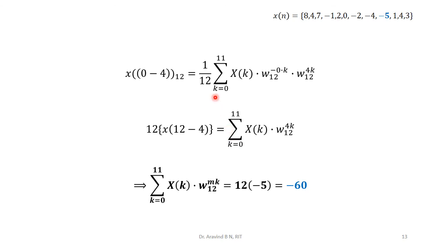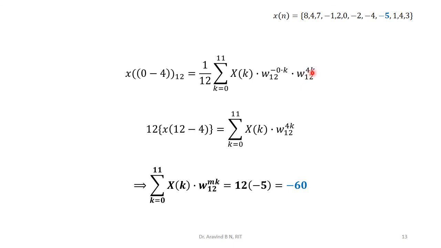Okay, now we are going to have this substitution. N is equal to 0 substitution has been done, and then all other values have been substituted over here. N value 0 taken here, in the sense here also n will become equal to 0. So X of 0 minus 4 with respect to 12 will be equal to 1 by 12 summation k equal to 0 to 11 X of k omega 12 to the power of minus 0 into k multiplied with omega 12 to the power of m, where m value is equal to 4.